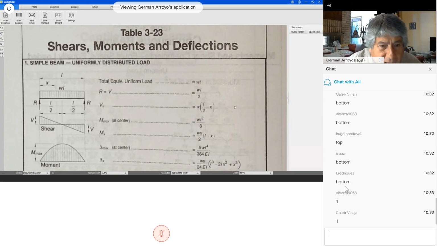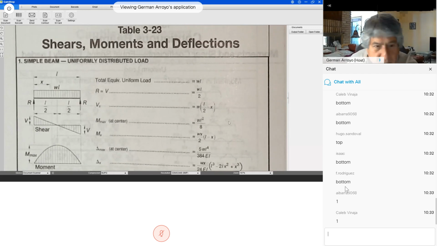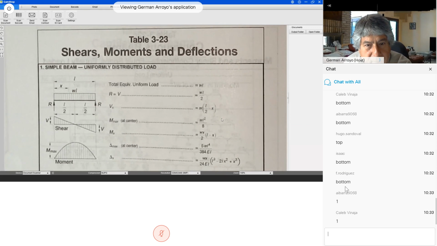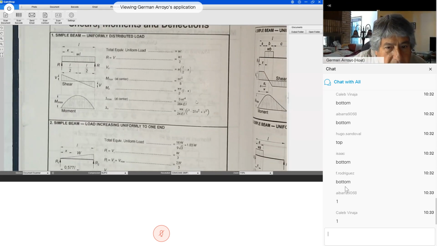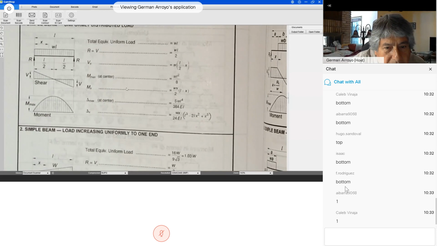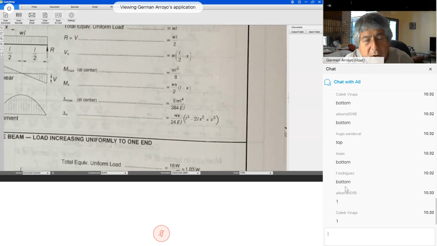And on this side, you have the reactions, you have the shear, the maximum moment, the moment at any location, especially the maximum deflection, and the deflection at any location.